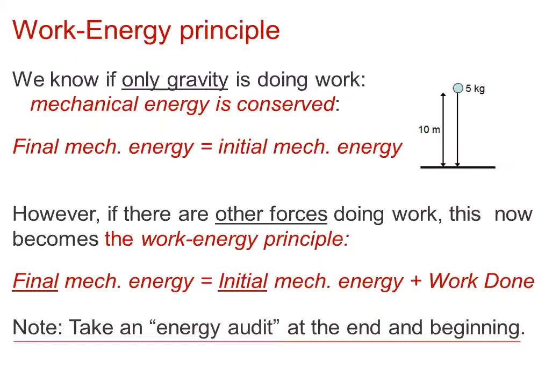You can think of this as doing an energy audit. Check how much energy there is at the end of the problem, compare it with the energy at the beginning, and then take into account any extra work that has been done by the extra forces.